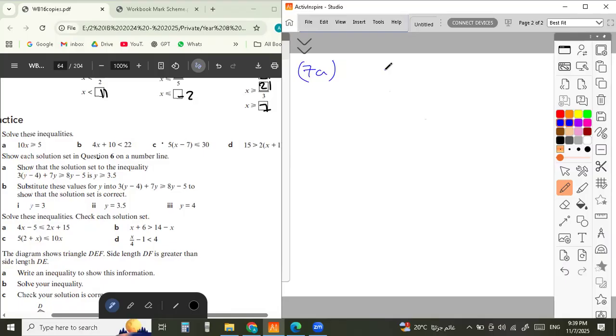It's saying to you, show that the solution set to the inequality 3y minus 4 plus 7y is greater than or equal to 8 minus 8y minus 5 is y is greater than or equal to 3.5.